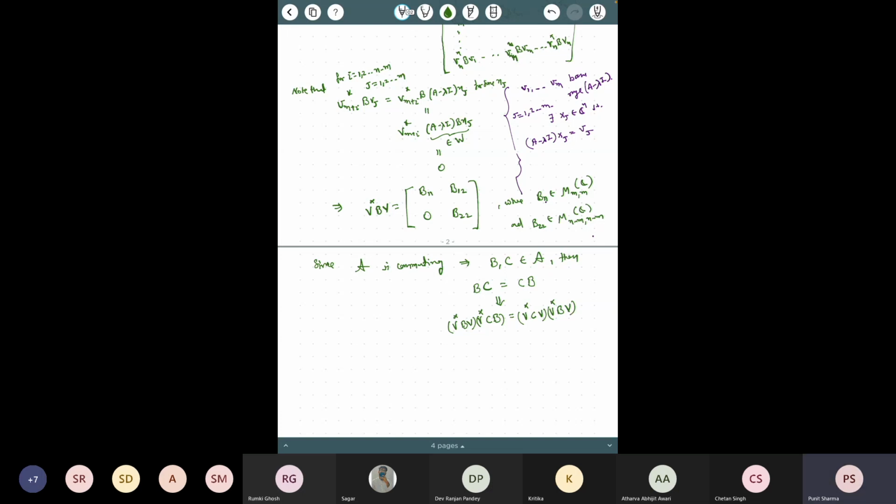Right? But then you know what these V star BV are? It would be a matrix of this form. So you can write, let's say V star BV would be of the form B11, B12, 0, B22, and similarly V star CV would also be of similar form, and you can write the right hand side also.